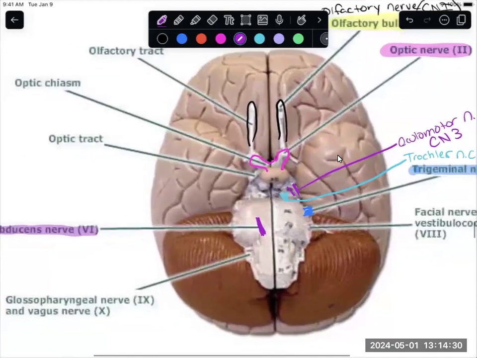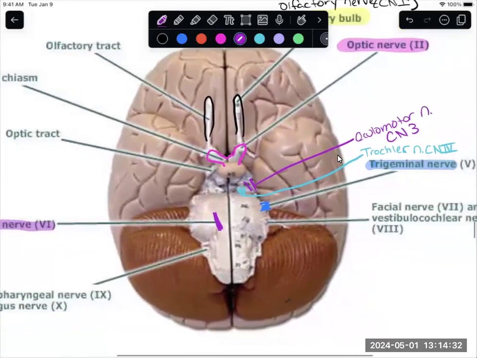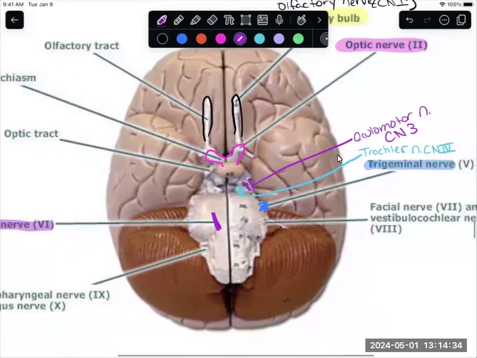Cranial nerve 7 comes out through here. You kind of have it here, 7, and then 8 is technically right below it. They kind of put them together in this picture.